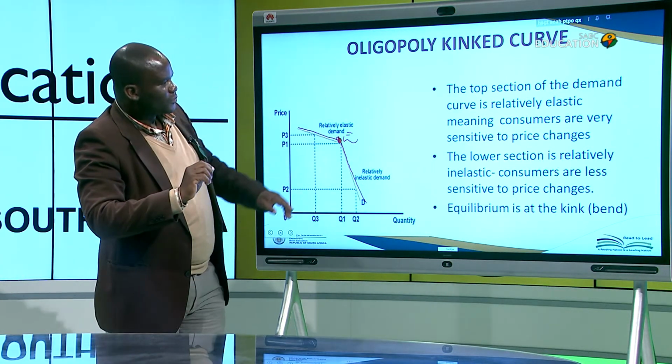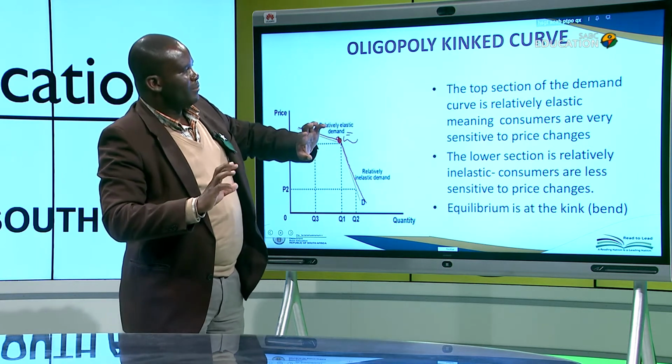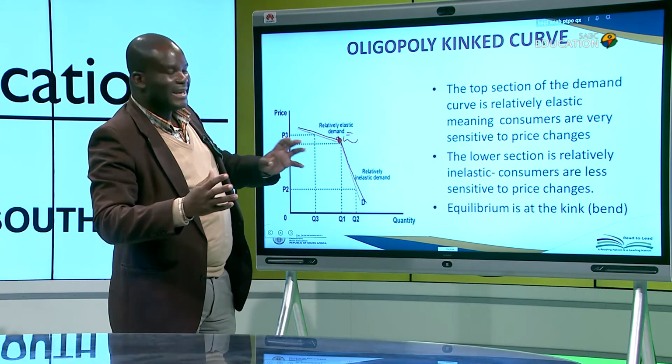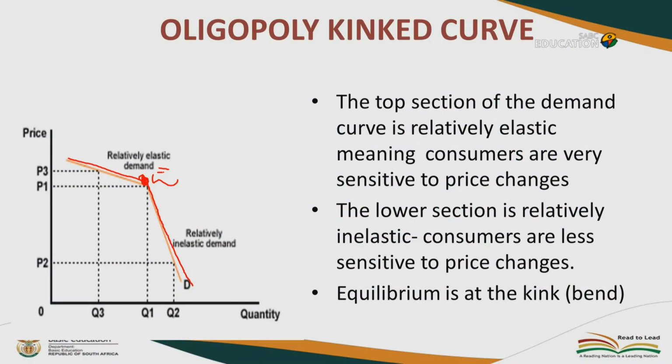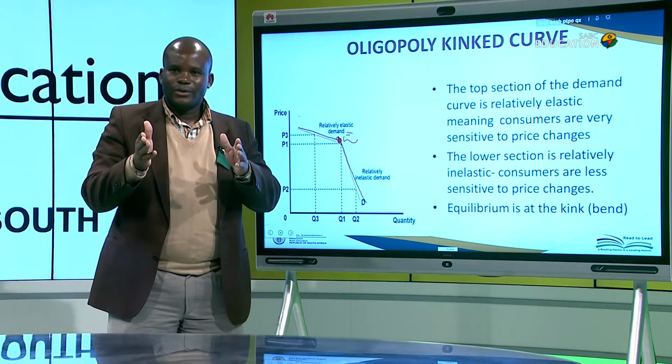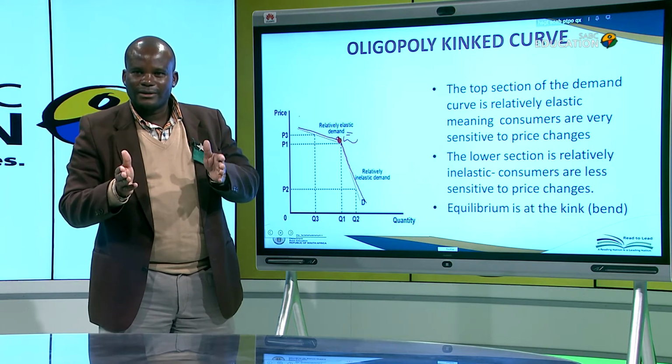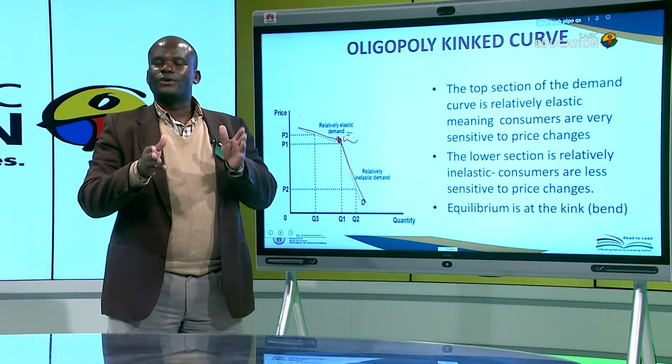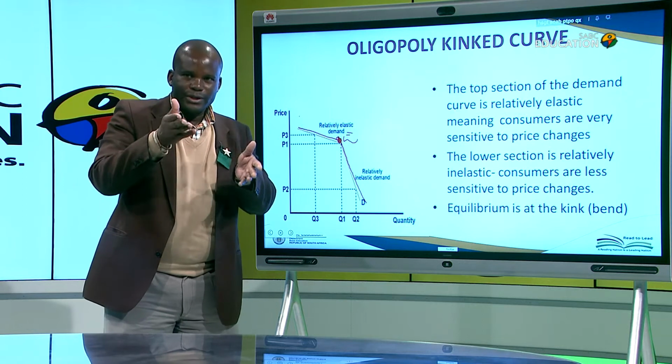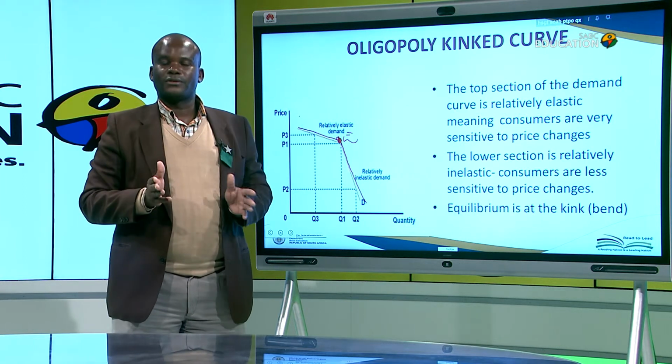So let's look at what we mean by elastic and what we mean by inelastic. From grade 11, relatively elastic means customers or consumers are very sensitive to price changes. You just try to increase your price, people will reduce their purchases of your product.